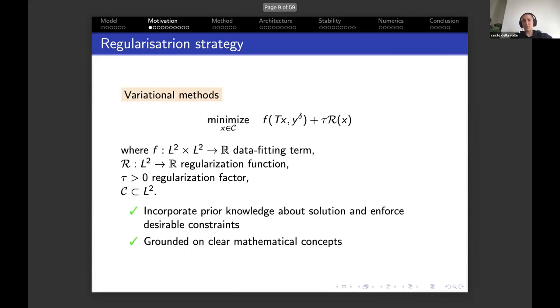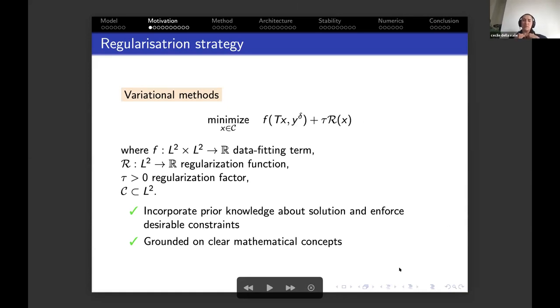So one strategy to gain this continuity is to add a regularization term, so to use a variational method, which is a minimization on a feasible set denoted by C of a data fitting term and a regularization term.